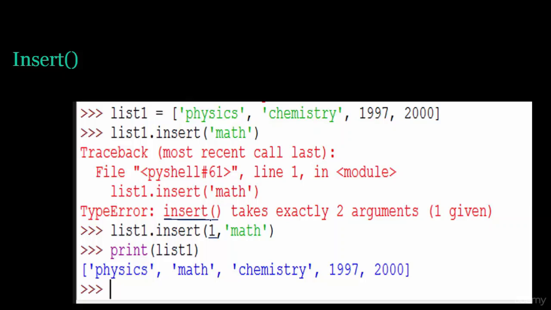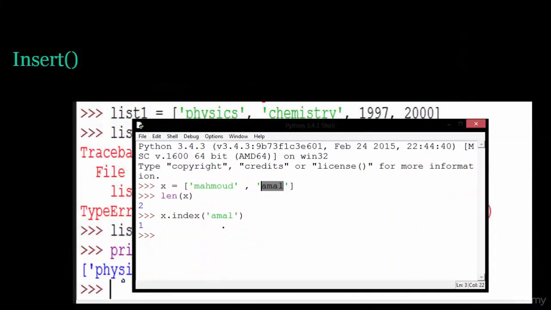The insert method takes exactly 2 arguments, not 1 given, we gave it 1 argument only. So we have to give it the 2 parameters, or 2 arguments: 1, this is the index, index 1, and mass. If we print our list again, we will see that this is index 0 and this is index 1, which we gave it here.